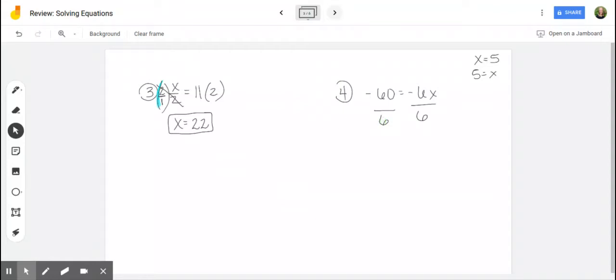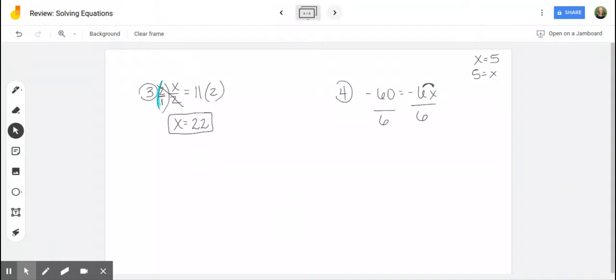I have a lot of students that say, oh, okay, it's a -6, so I'll divide by a +6, because they're thinking inverse, they're thinking opposite. But it's not the opposite sign that we're worried about. It's the opposite operation. So they're being multiplied right here. So to get rid of it, you divide.